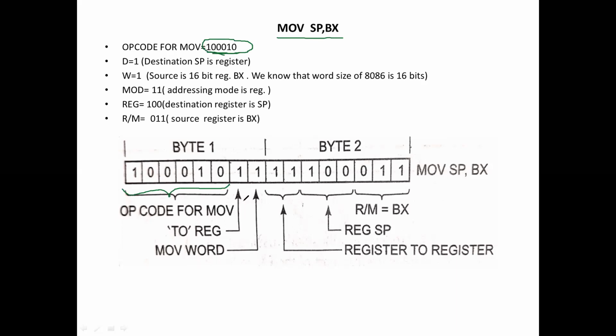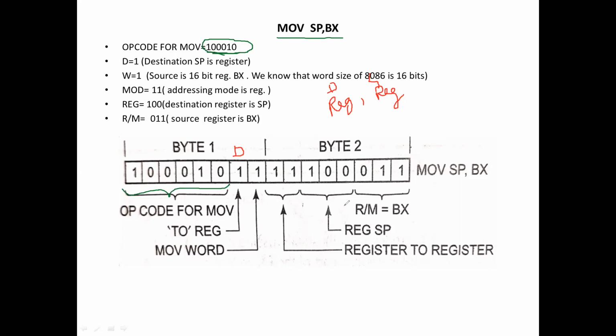Next was the D bit. D bit means from or to. Here the destination has a register and the source also has a register. So here we can write this code in 2 ways.